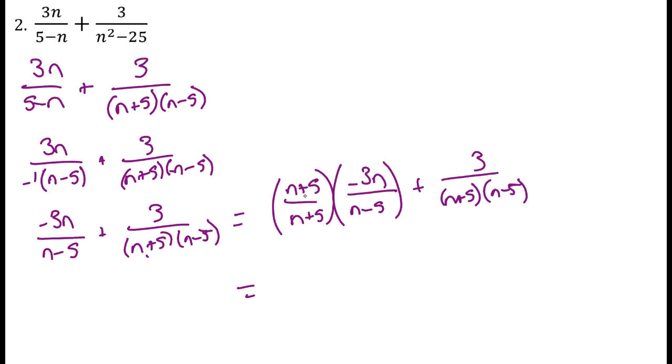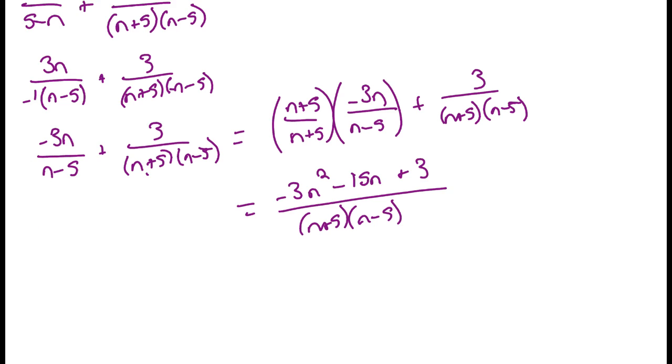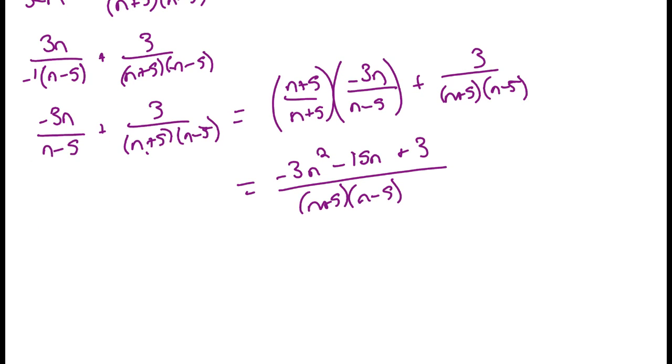And after I distribute, I get negative 3n squared minus 15n plus 3 divided by n plus 5 times n minus 5. Now I look at that numerator and see it's a trinomial. I like factoring trinomials when they have a leading coefficient of positive 1, and I notice that I have a GCF of 3 here.